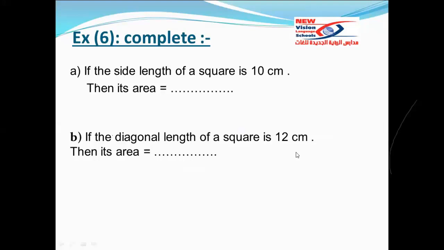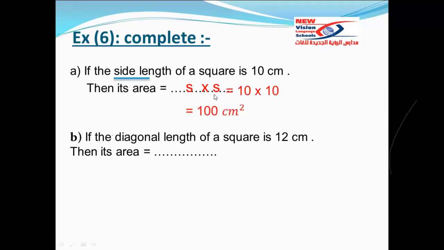Excellent. What rule did you use, Esther? Side times side. Excellent. Here, he gives you the side length, so we will use the rule side times side. 10 times 10 equals 100 square centimeters.